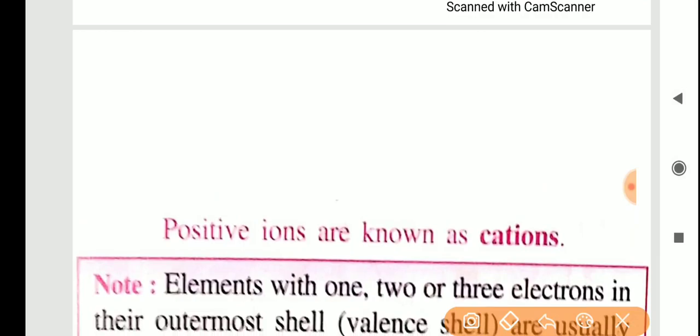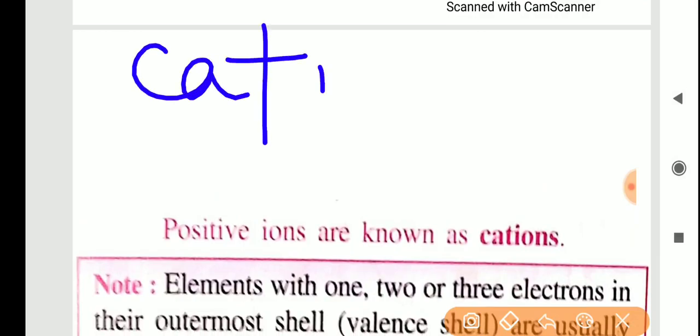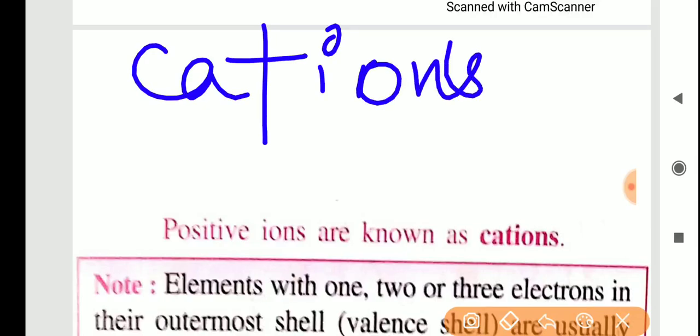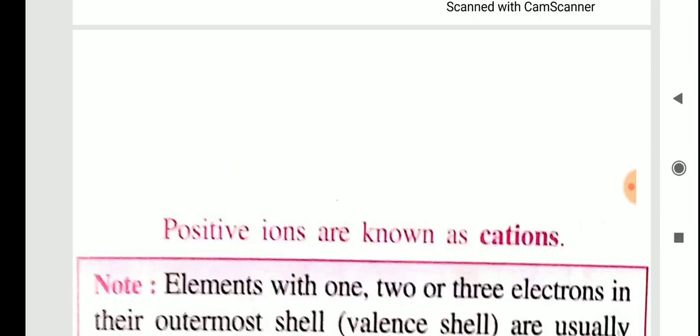So what are cations? Cations are always positive charge. Then what about anions? Anions will be negative charge. Positively charged ions are known as cations and negatively charged ions are known as anions.